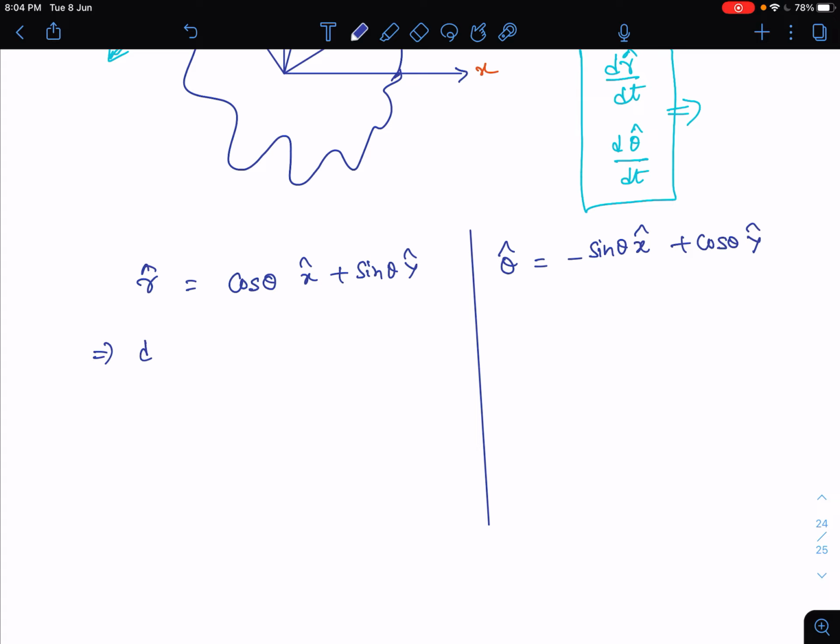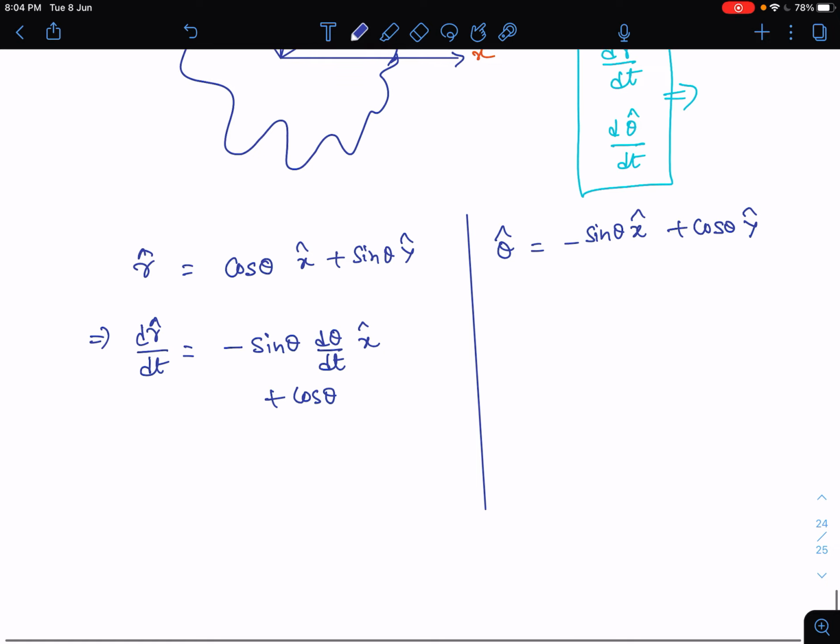So what is dr cap by dt? First I am taking the derivative with respect to theta, then d theta by dt times minus sin theta x cap plus cos theta y cap.